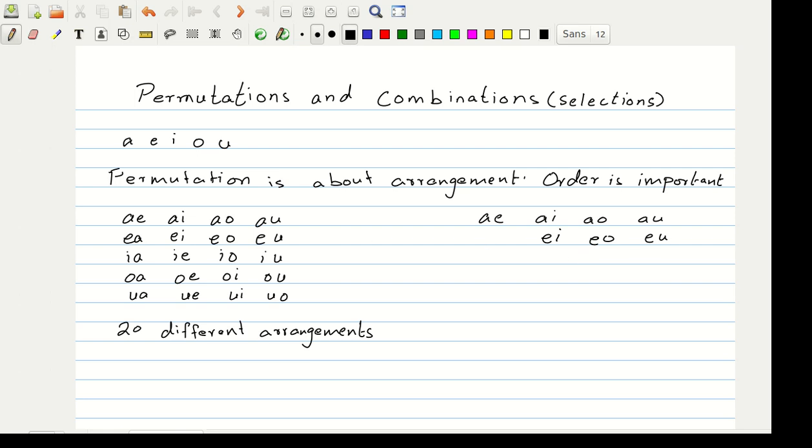IA has already been considered over here, so we will only talk about IO and IU, then OU, and I think that's it. So we have only 10 different combinations.